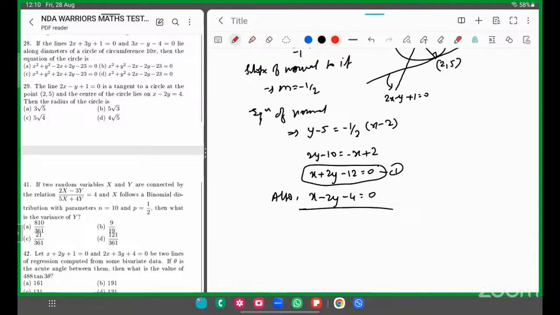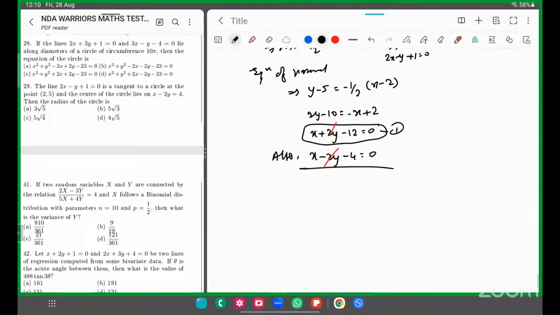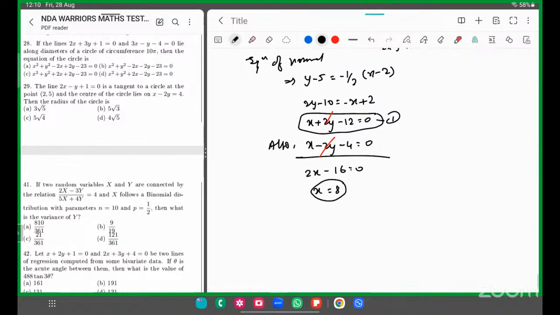Adding both of these, the y terms get cancelled out. X plus x is equal to 2x, minus 12 minus 4 is minus 16. So I can write x is equal to 8. I got x value as 8.